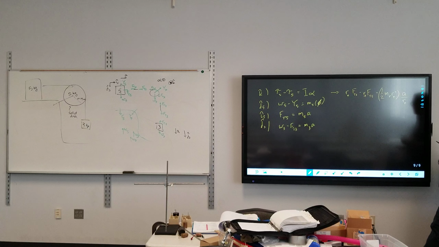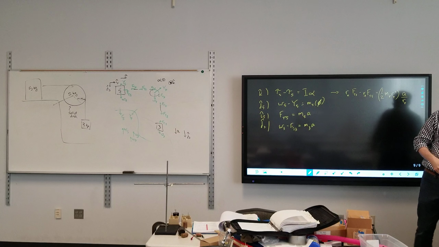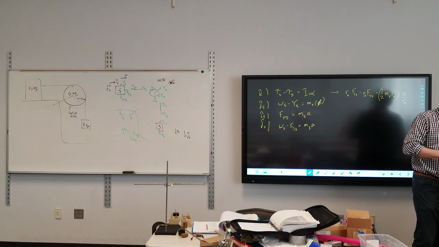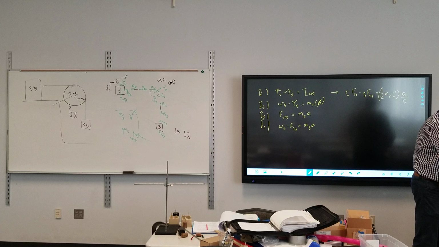Why are we ignoring the normal force of the pulley? In order for there to be torque, the force cannot be at the axis of rotation. If the force is pointing at the axis of rotation, you're not going to rotate it. If I went to a door and pushed on the door at the hinge end, so if this were a door here and I wanted to rotate it about here, if I push this way or pull that way, I'm not going to get it to rotate at all.